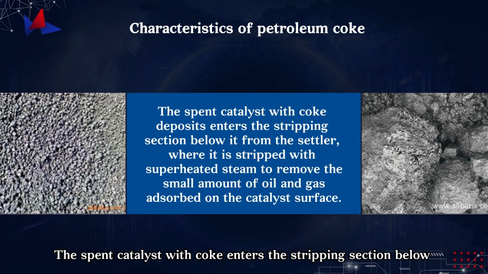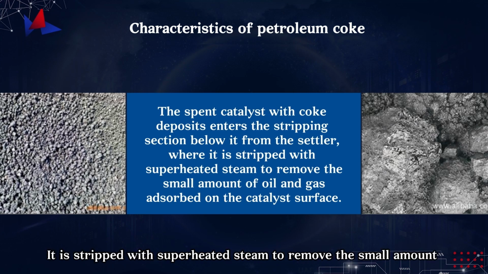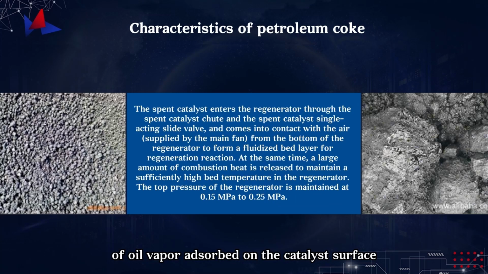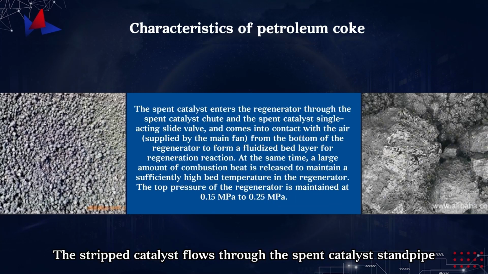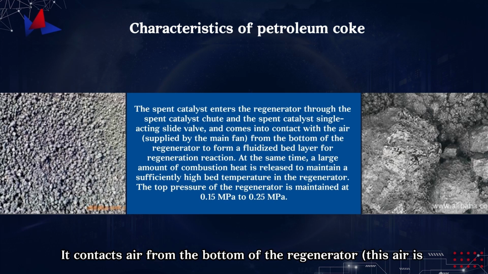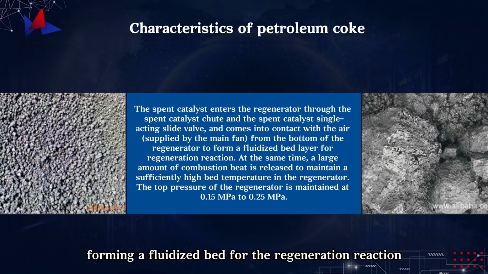The spent catalyst with coke enters the stripping section below the disengager. It is stripped with superheated steam to remove the small amount of oil vapor absorbed on the catalyst surface. The stripped catalyst flows through the spent catalyst standpipe and the spent catalyst plug valve into the regenerator. It contacts air from the bottom of the regenerator. This air is supplied by the main air blower, forming a fluidized bed for the regeneration reaction.